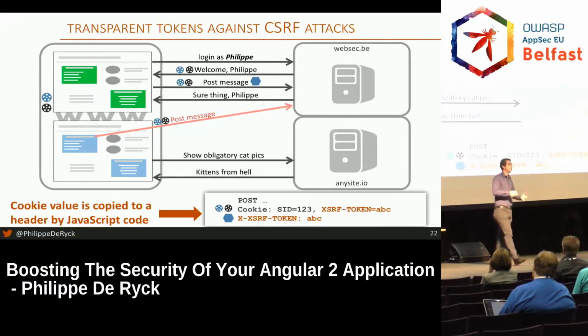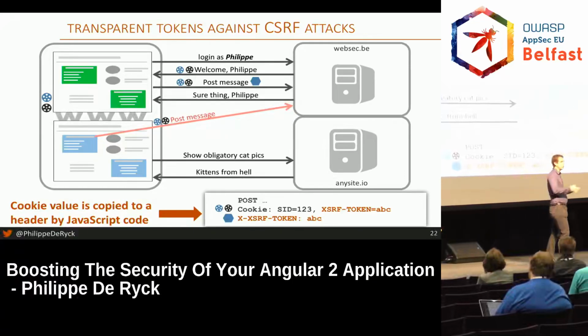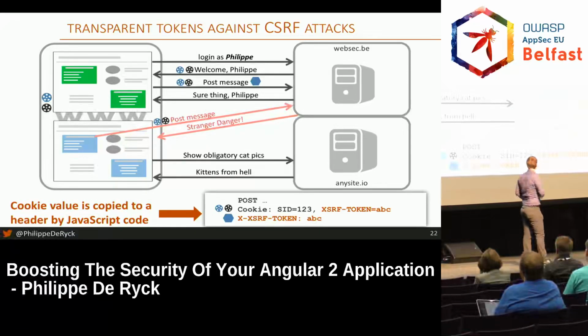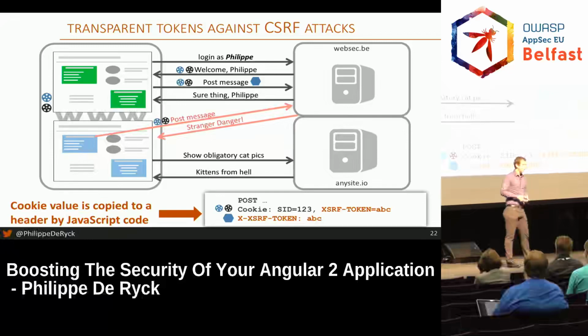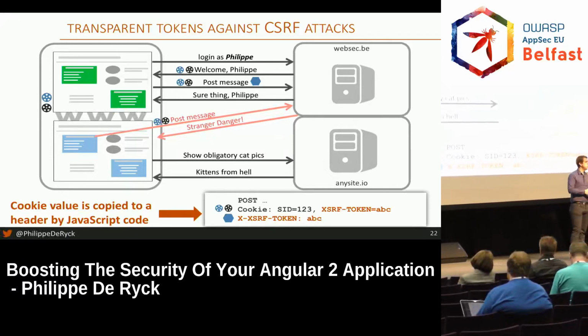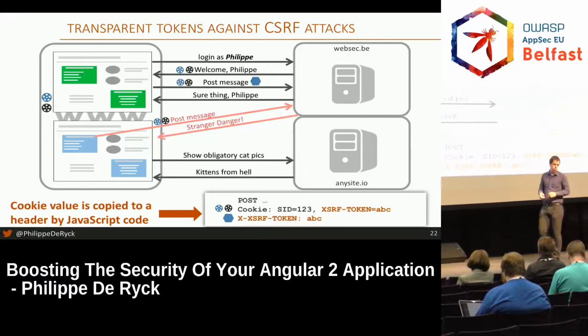So it will not be able to read the CSRF token cookie, it will not be able to copy that value to the header. So whenever you send that, the server can simply look, oh, the header is not there, or maybe it's there, but the value is not the same. So I'm going to refuse that request from happening. Of course, this means that your CSRF token should at least be unique per user. That's the minimum requirement there.